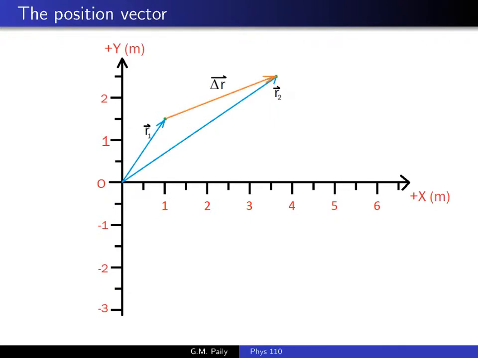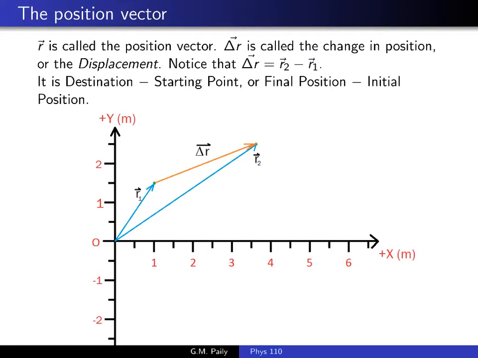The change in position is denoted by delta r, and it points from the initial position to the final position. To repeat, r is called the position vector, delta r is called the change in position, or is also known as the displacement.